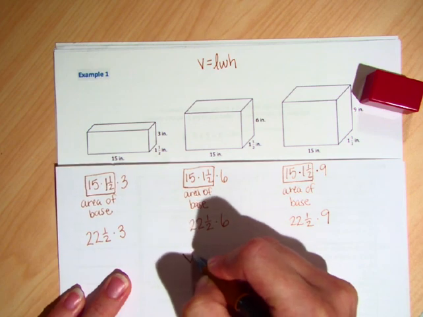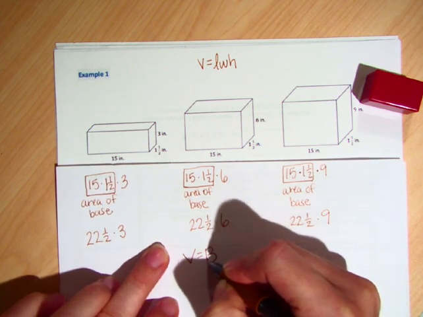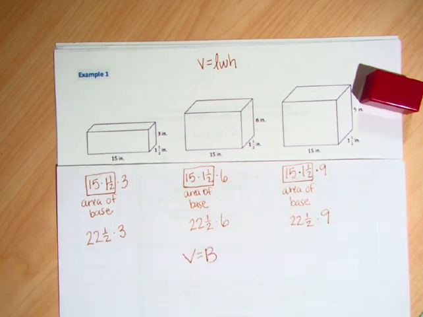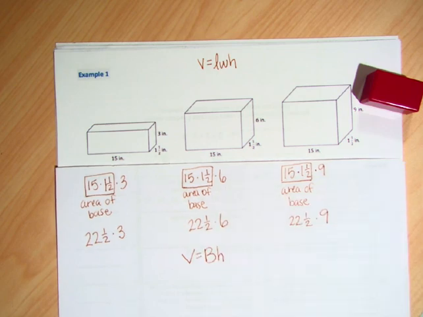That new formula is volume equals area of the base, and that is written as a capital B, because area, we know, is written as a capital A. This is the area of the base times height. And we don't read it as base times height, we read it as area of the base times height.